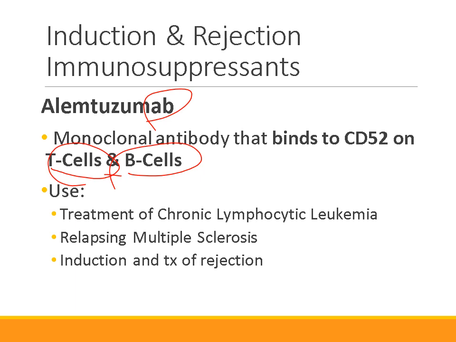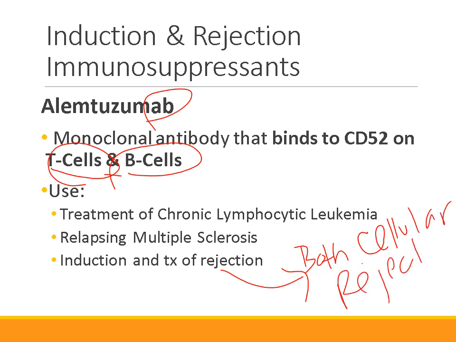It can be used for treatment of really either acute cellular rejection or antibody-mediated rejection. So for rejection, it can be used to treat both cellular rejection and antibody-mediated rejection.